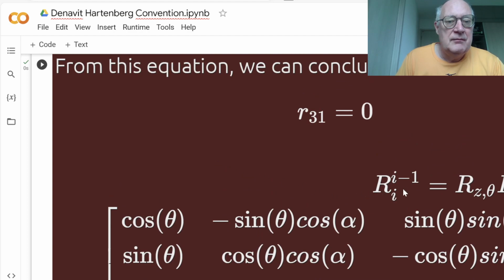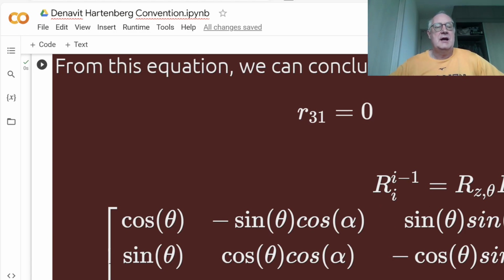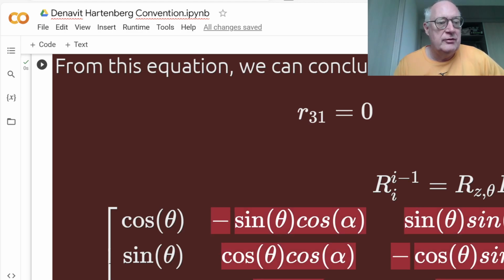Now we model the rotation. Since R31 is equal to 0, that means that there's no rotation around the y-axis, basically, because otherwise that would introduce a non-zero term here.